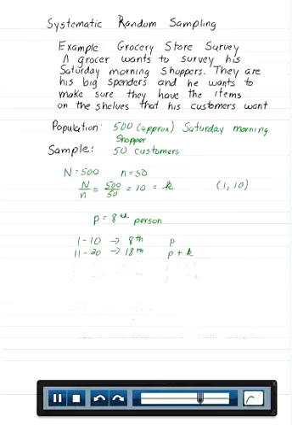And then the next group would be 21 through 30, and that would be your 28th person. That would be your P plus 2K, and 2 times 10 is 20, so 20 plus 8 gives you your 28th person. So you can either follow the pattern, or you can use the formula to calculate which person would form your sample.